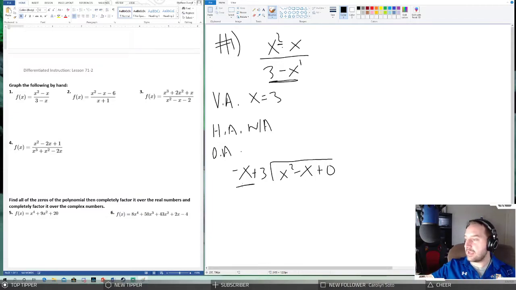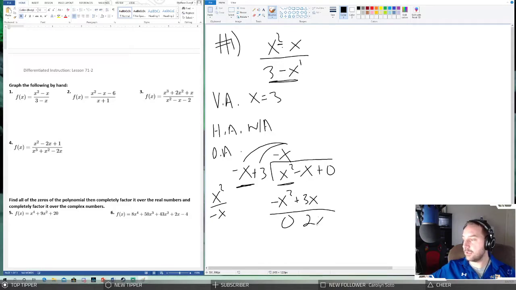So then negative x and x squared, those are going to divide. And you're going to get negative x, because x squared over negative x is negative x. Then these are going to distribute, so we get x squared and then minus 3x. Subtract. So you get 0 and 2x.